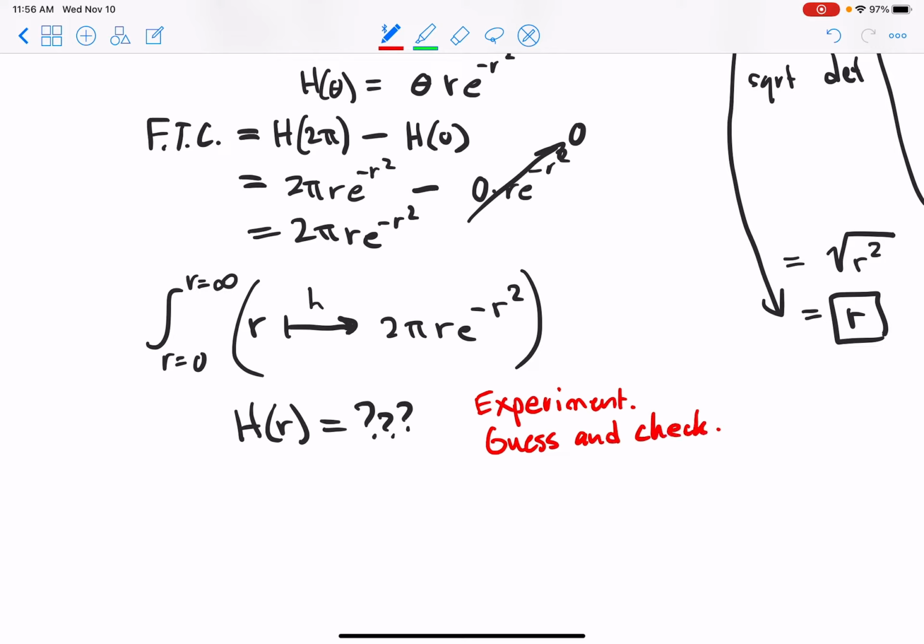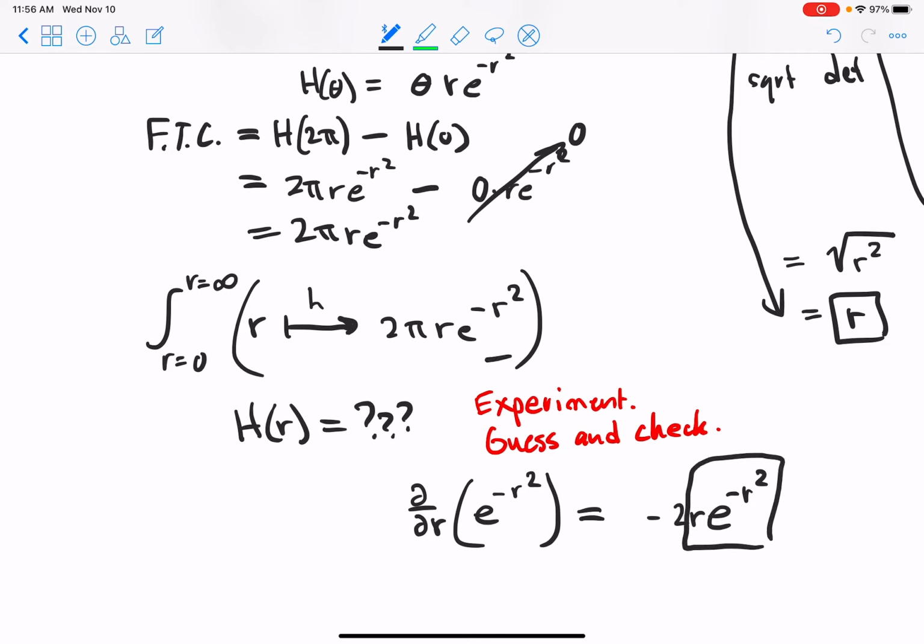Maybe I just better take the derivative of e to the minus r squared. Single variable calculus. The derivative with respect to r of e to the minus r squared. Well, e to the thing just remains. But then I take the derivative of the inside function by the chain rule, minus 2r. And then I look and I say, whoa, this is that.